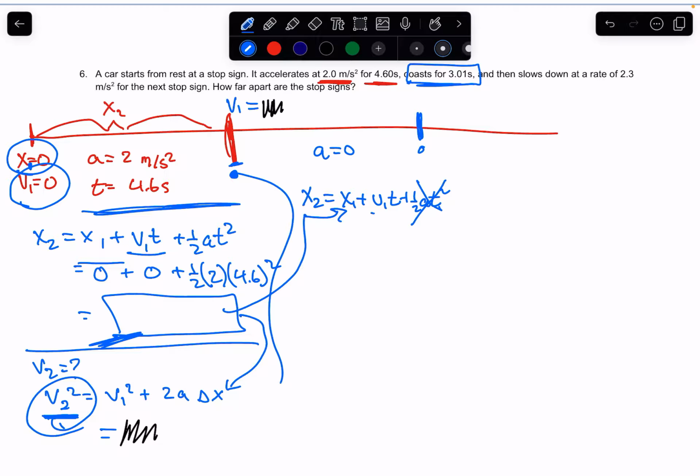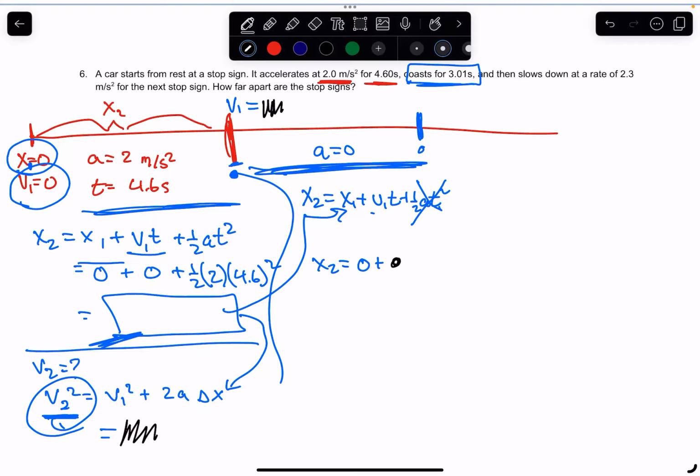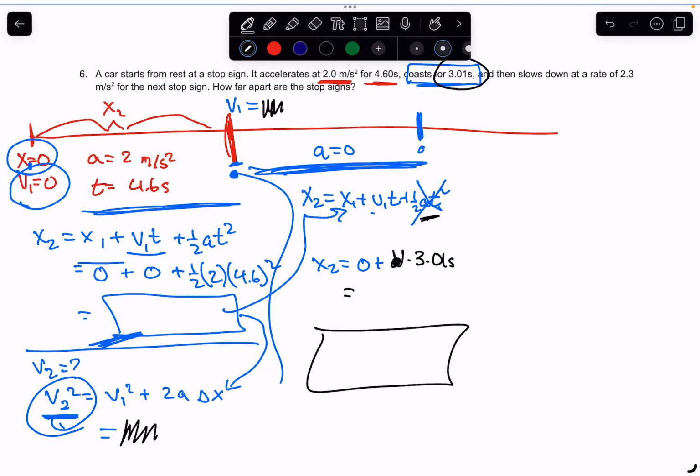I just want to find out how far he travels in this segment, which is equal to 0 plus the black number v times 3.01 seconds, because this last term is 0. That will be the answer for this segment.